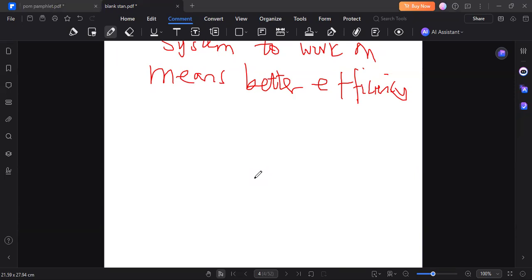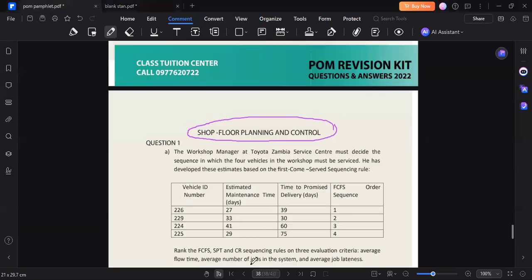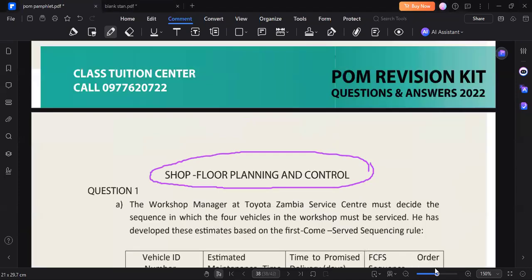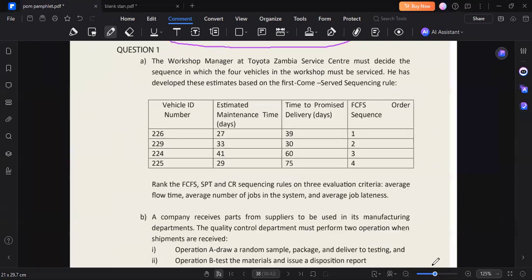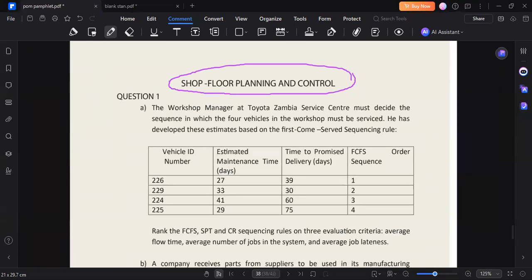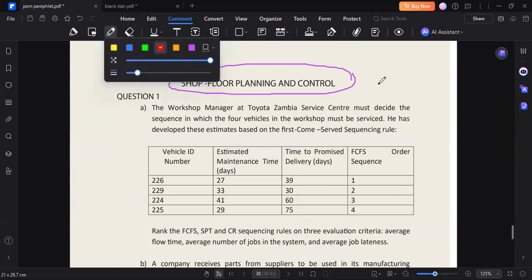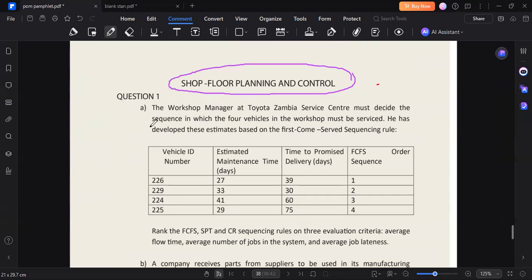Now we can look at this question here. The workshop manager at Toyota Zambia service center must decide the sequence in which the four vehicles in the workshop must be serviced.